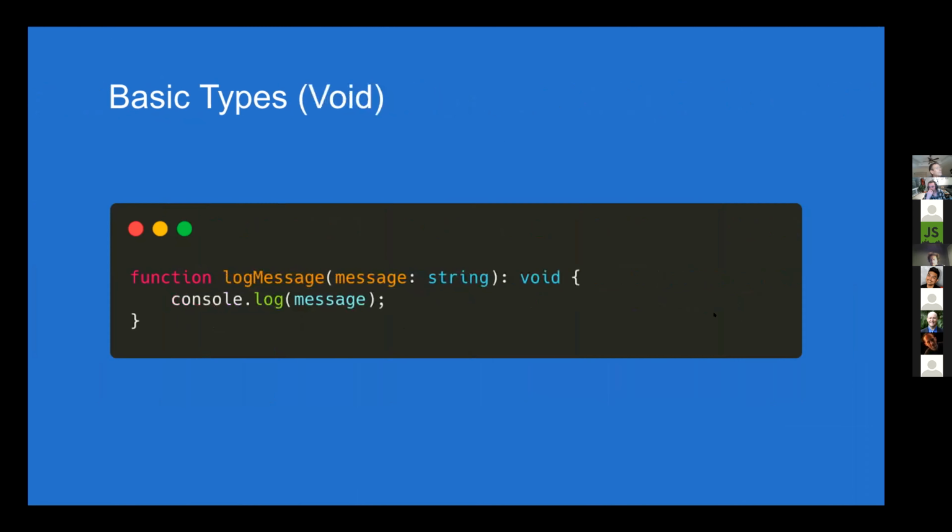Next up, we have void. Void is just a return type for something that doesn't return anything, like calling another function or console.log. The biggest use case for me is a set state function. It's basically just calling another function to set your state, so it doesn't return anything, which would be void.